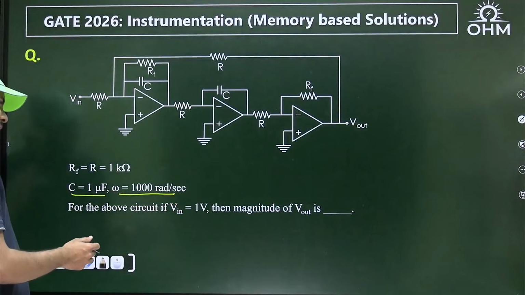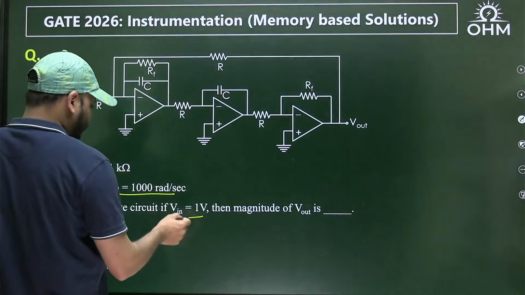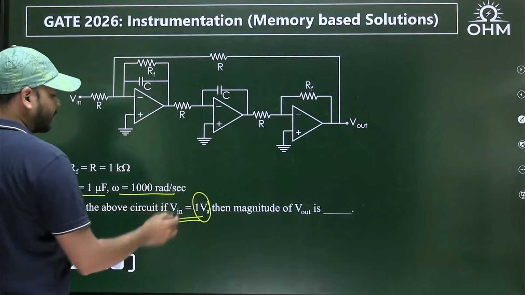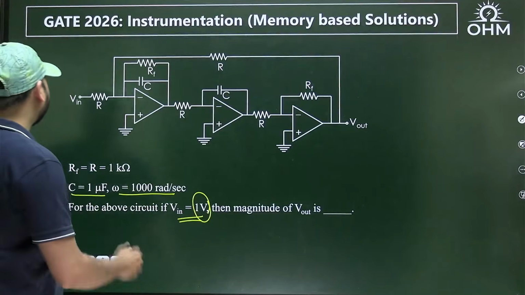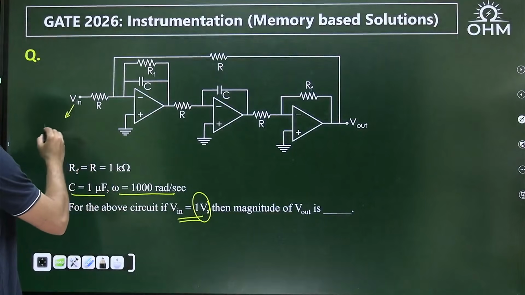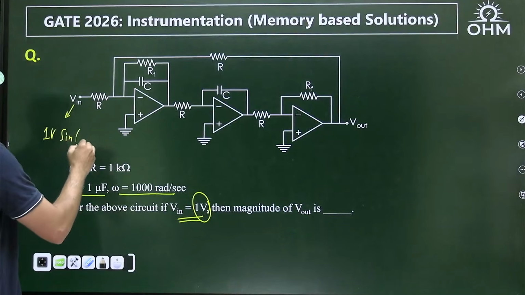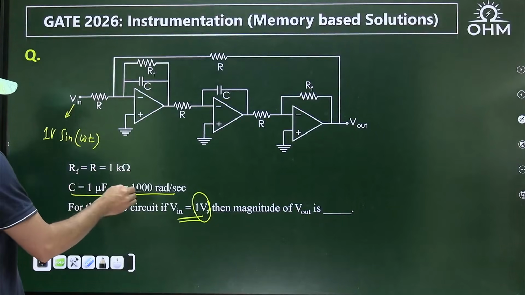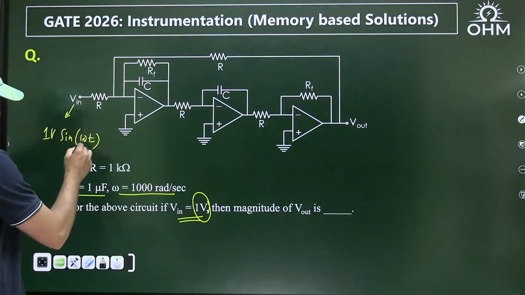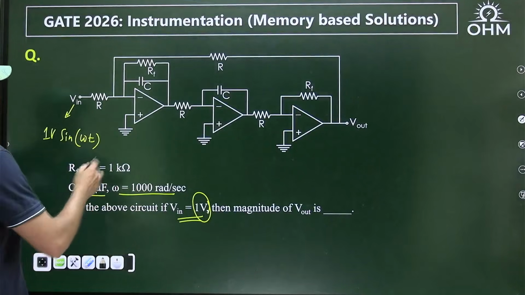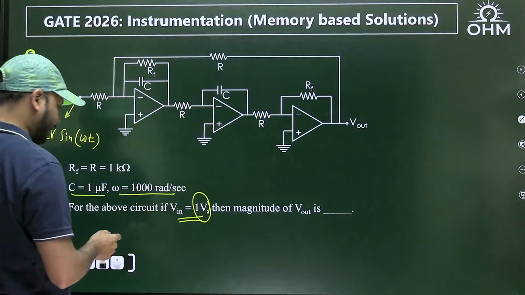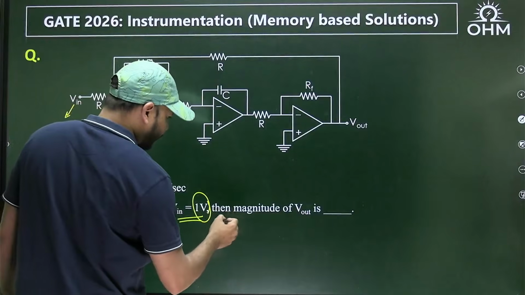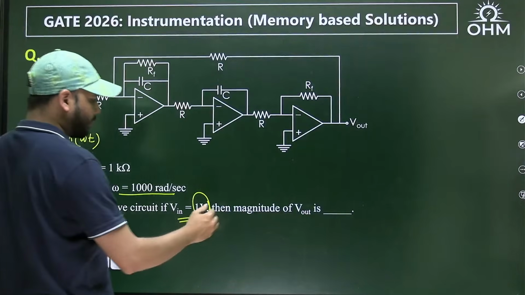For the above circuit, the 1 volt is the amplitude, so the input can be something like 1 volt sine omega t, where omega is 1000 radians per second, and RF and R values are also given. For the above circuit, if Vn is this sinusoid, then what is the magnitude of Vout, magnitude meaning amplitude?